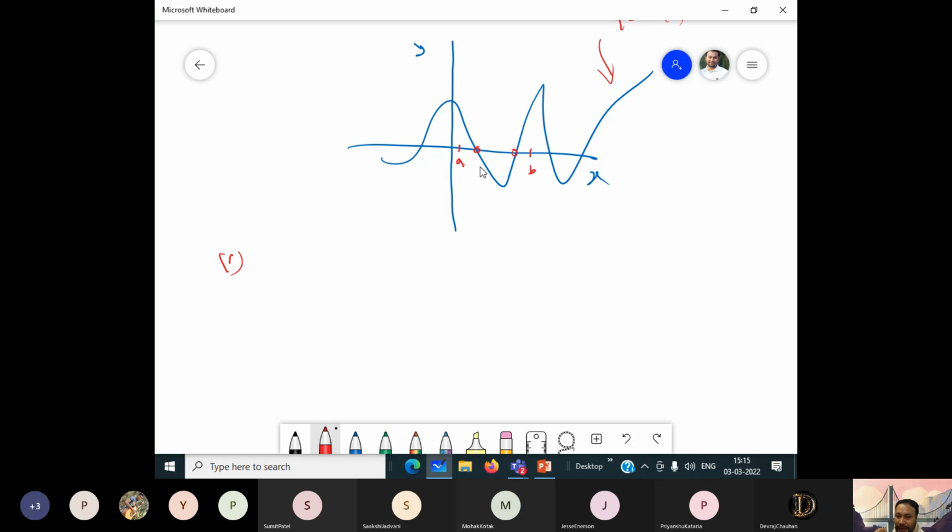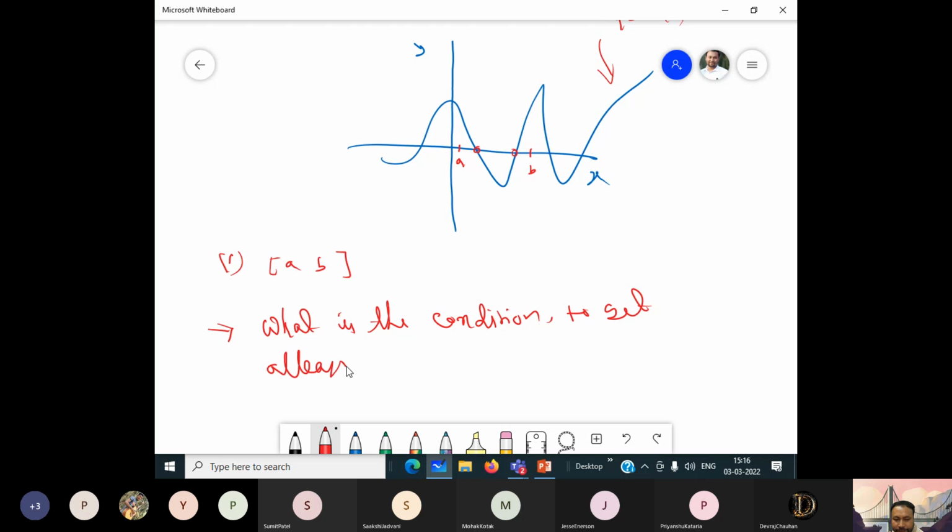Here I have taken the closed interval A and B, including A and B. What is the condition to get at least one root in the interval A and B?